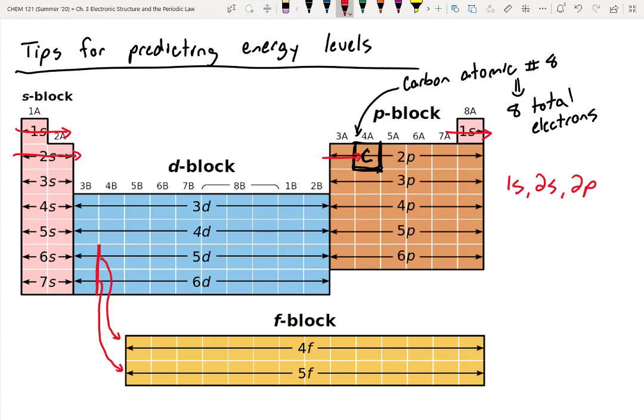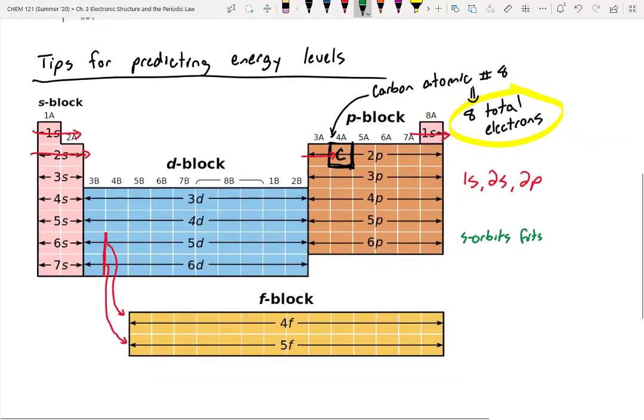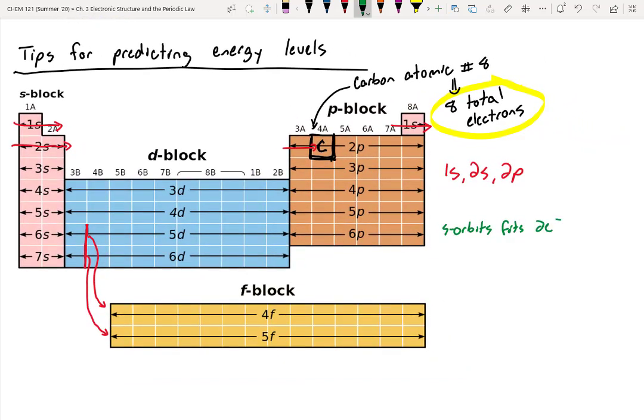All right, but now we need to go back to this other point, 8 total electrons, right? And let's make some notes, right? We know that the s orbital fits 2 electrons. Let me zoom out a little bit. And the p orbital fits 6 electrons.